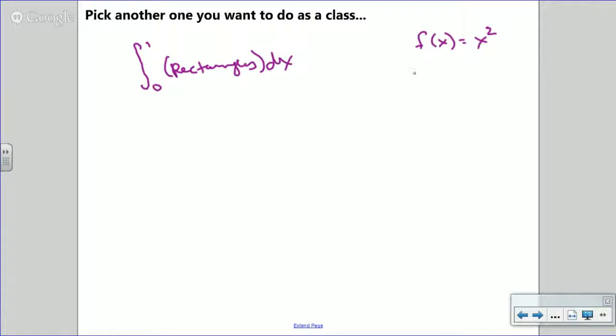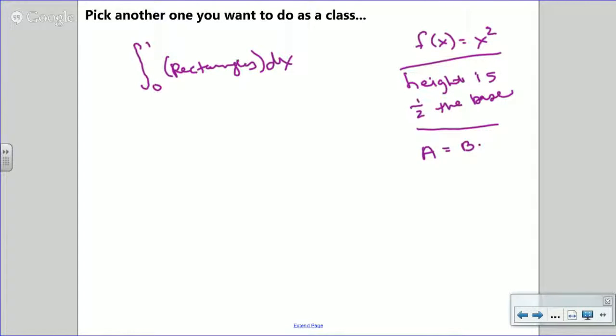Now you're going to need to be given some more information, so I'm going to give it to you here. I'll also let you know that the height is equal to half the base. If you look at one of those rectangles, that's probably believable. Okay, so for area of a rectangle, I have base times height, or length times width, either way, right?